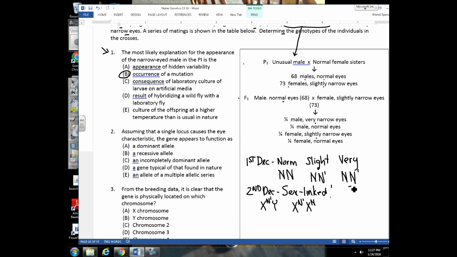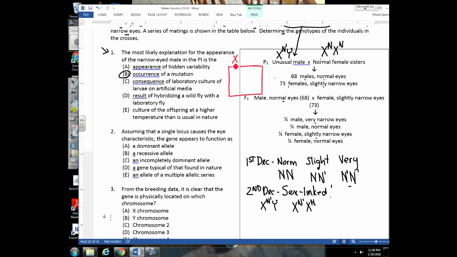Since this is sex-linked, I'm going to give him an X with an N prime on his X, and there's a Y. The normal female is X capital N, X capital N. Now, to check this out, if I'm guessing right about the parents here, I'm going to do a cross to make sure this is what I'm going to get for their offspring, if this is in fact the genotype of the male and the female.